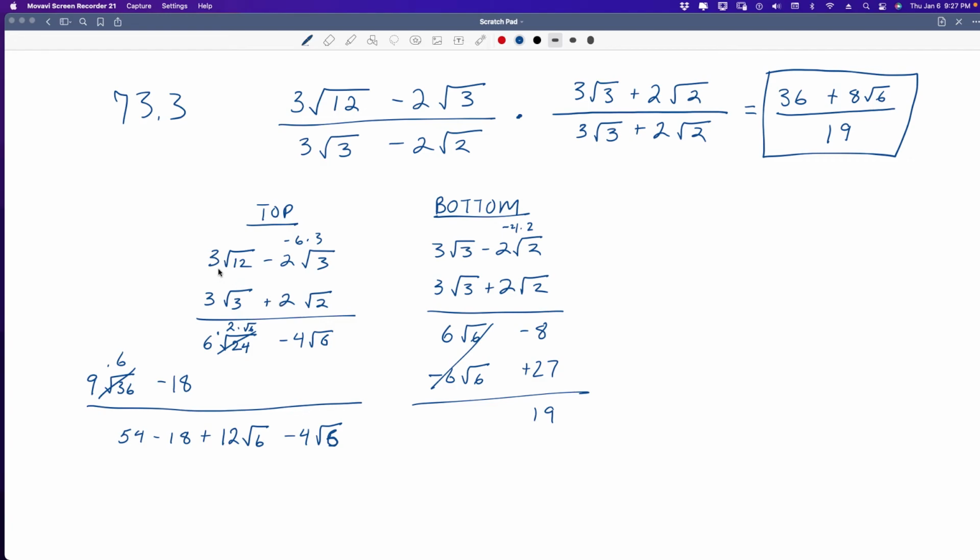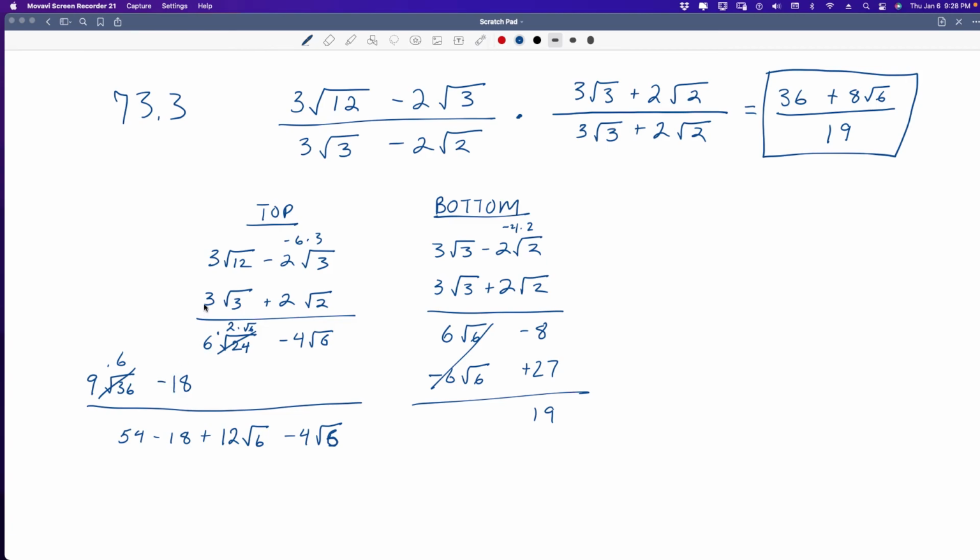Then we had 6 times the square root of 24, which is here, which we were able to reduce. We were able to pull this out and say 24 is 4 times 6. So the square root of 4 is 2. So that'd be 2 times the square root of 6 is what this 24 is. So 6 times 2 is 12 times the square root of 6.